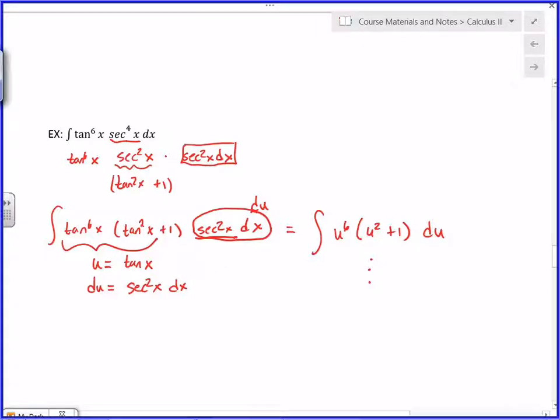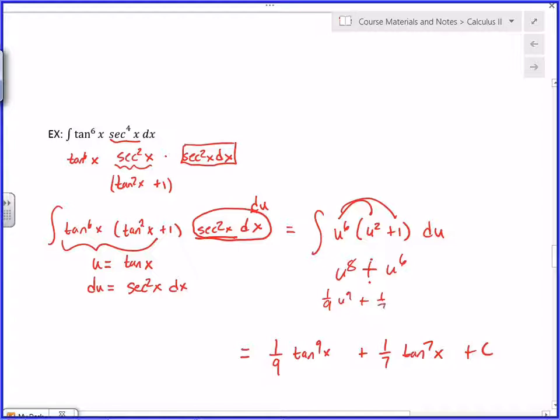It's going to be 1/9 tangent to the 9th of x plus 1/7 tangent to the 7th of x plus C, and use a capital C. That's u to the 8th plus u to the 6th, which is 1/9 u to the 9th plus 1/7 u to the 7th plus C, and then you substitute back in.